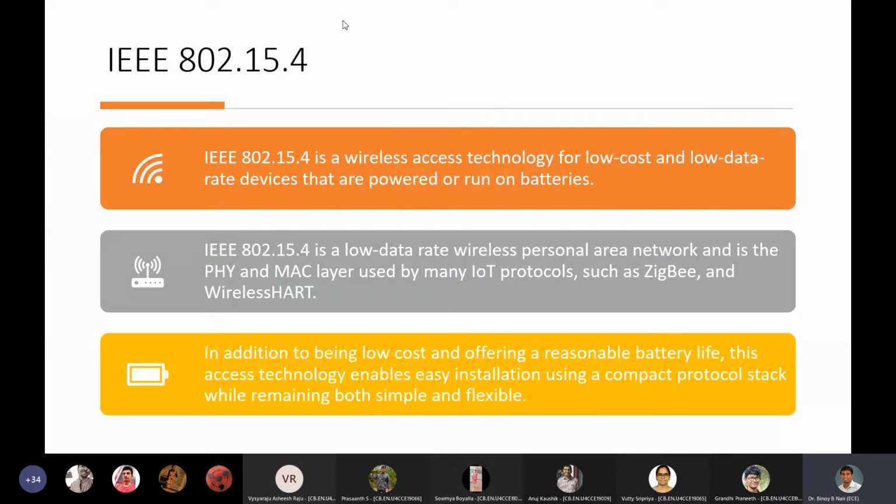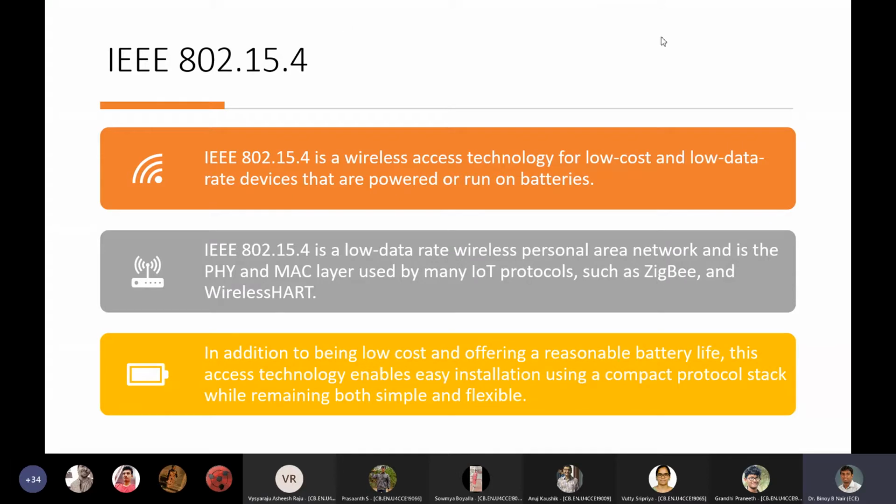Okay, so there are several protocols for wireless communication between devices. Just like you have your Wi-Fi, you have several other low data rate communication protocols also, and one of them is the Zigbee protocol. We will list out which protocols are based on this IEEE standard.